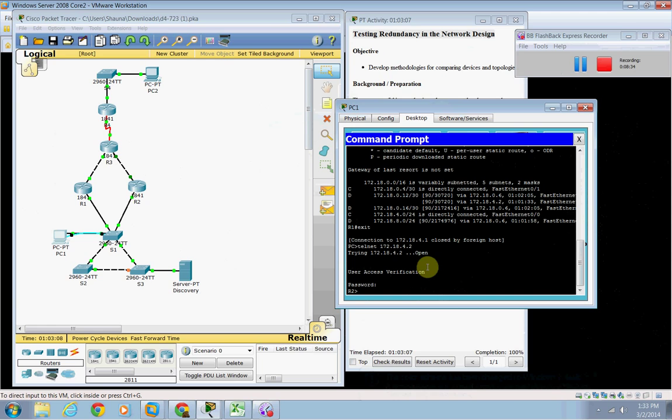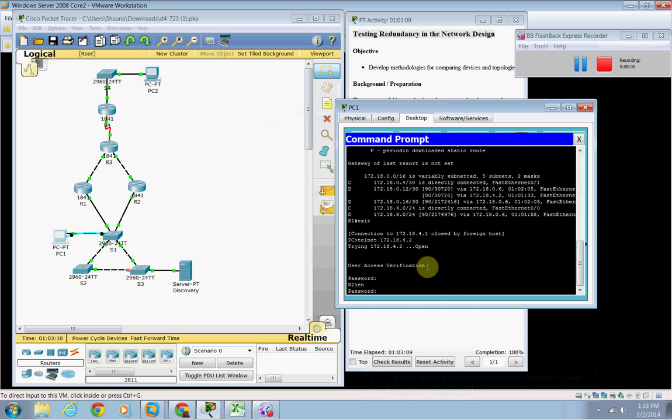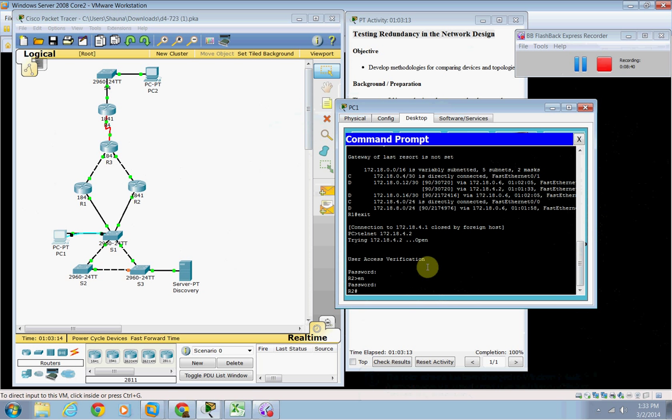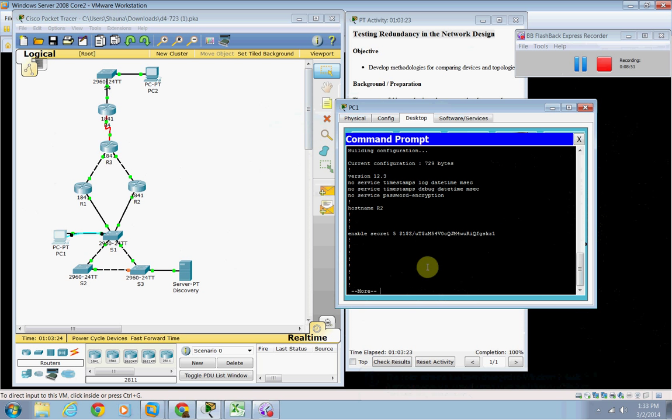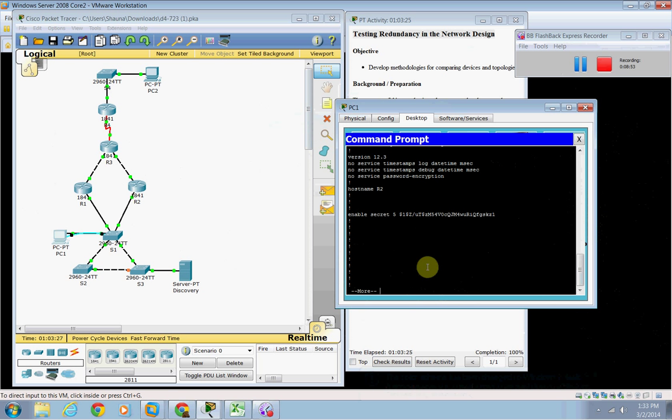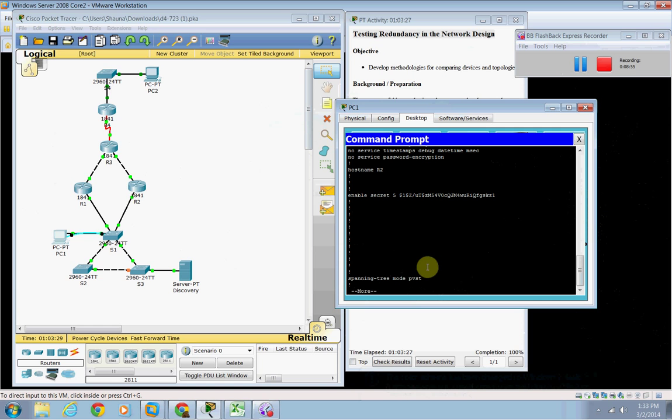Cisco, en, class. And we're going to do the same command, show run. Okay. It shows we have spanning tree on router 2.